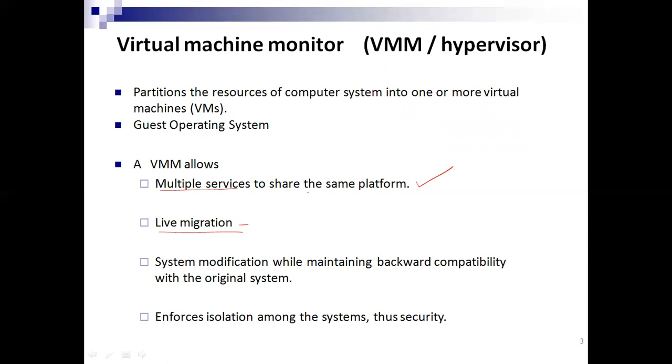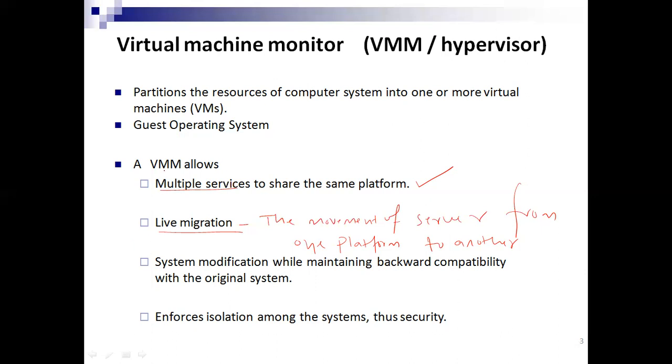Live migration means the movement of a server from one platform to another. Hope you understood this. Live migration means the movement of a server from one platform to another. It is called live migration.